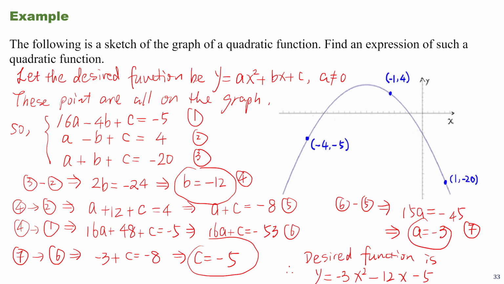Okay, any questions? So the key is to choose appropriate equation type for solving the equation of the desired function. If you don't know anything, probably you should use the general form, right?